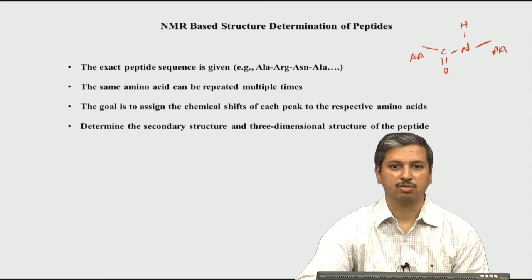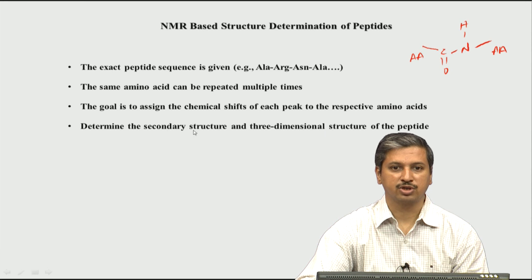We are looking at only the alpha and beta carbon and protons, and where do they come in the spectrum, what peaks, what chemical shifts, those have to be assigned as the first step. Then once you have assigned the chemical shift of every peak in the spectra to the respective amino acids, you can go ahead and start looking at the structure.